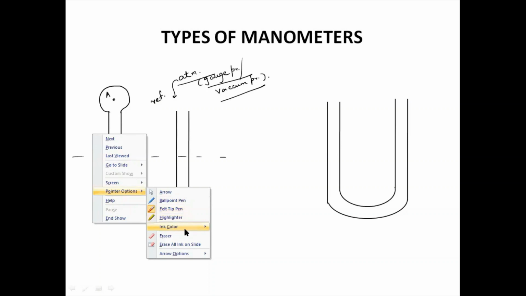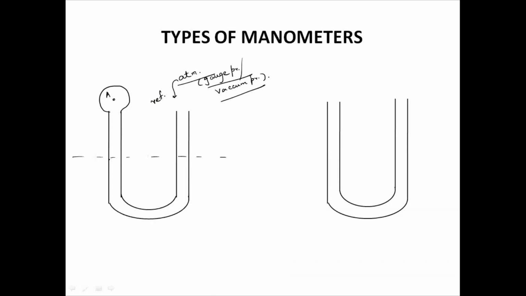As there is no flow through the pipe, initially the manometric fluid was at the same level. Here it is the manometric fluid. Initially it was like this. Because of the hydrostatic paradox, it was at the same level, since this side is open to atmosphere, no water flow. Here also it is open to atmosphere, so both sides have the same pressure and it will maintain the same level.